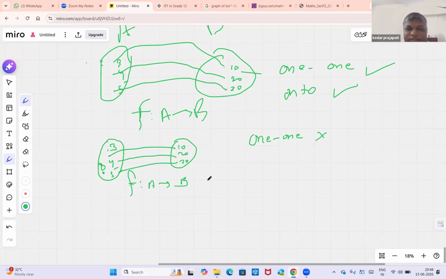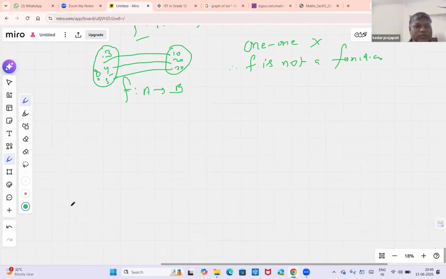If you have any doubt, just tell me. Okay. So see, in this case, f is not a function because it is not 1, 1. Therefore, we can write f is not a function because it is not 1, 1. Right?